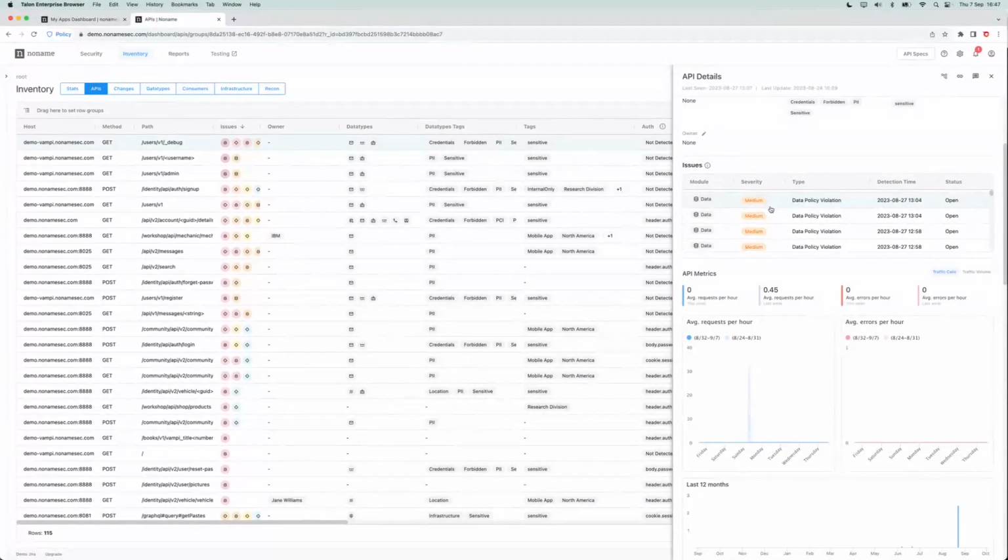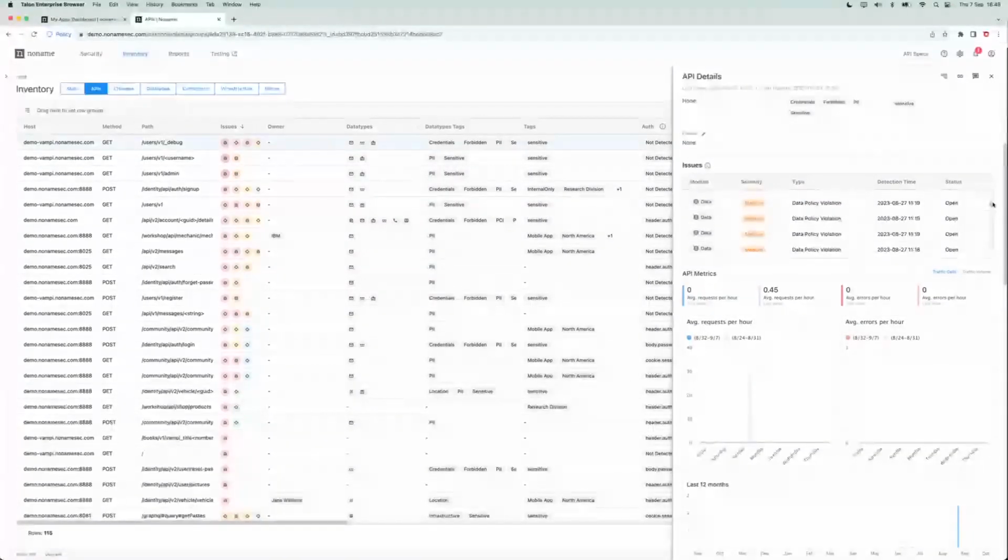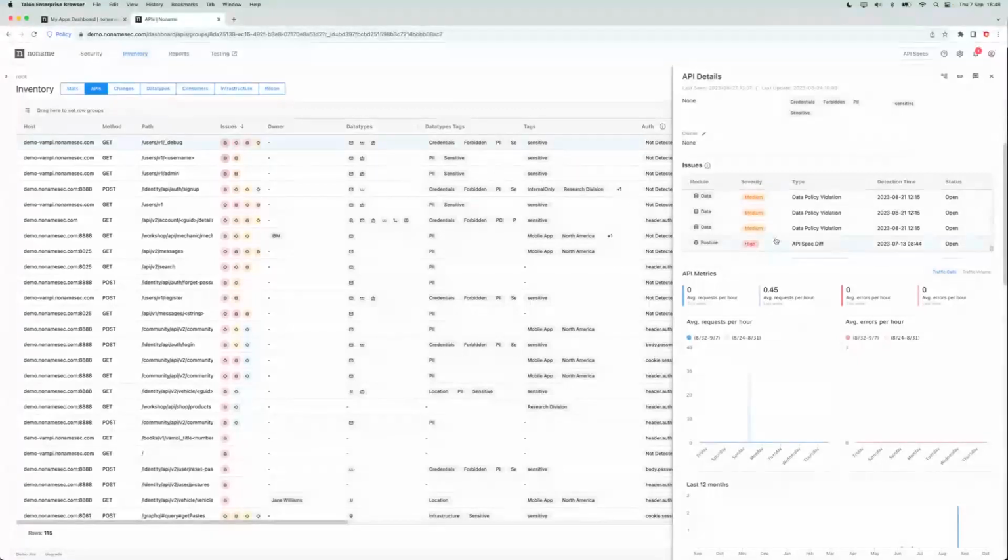So this could also be specific data policy violation issues that you can put in the system yourself. Some we have out of the box. If they're related back to the OWASP, you can see them pop up in this list as well. So for example, we have some posture issues on this one as well. So discovery is a part of that.